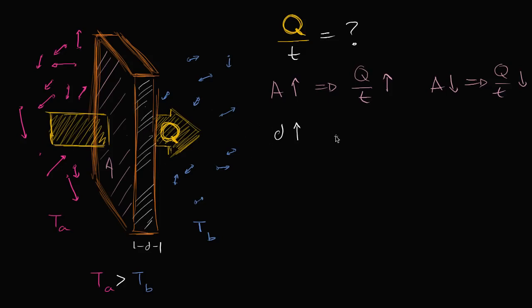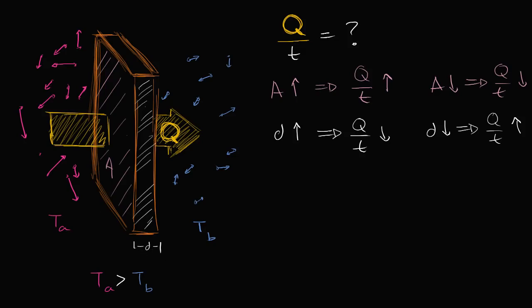So if this wall becomes thicker, then the rate of heat transfer is going to go down. Or if the wall became thinner, if this depth decreased, then the rate of heat transfer would go up. So you can say the rate of heat transfer is going to be inversely proportional to the thickness of this wall.